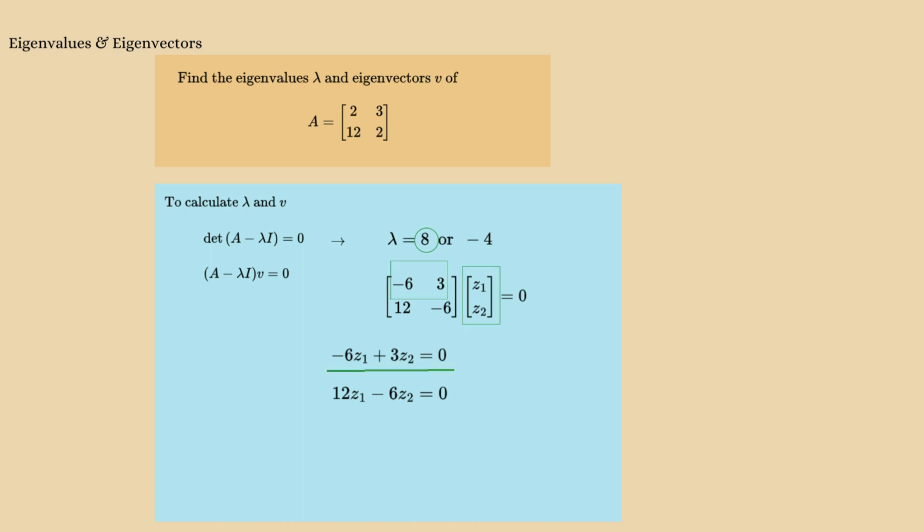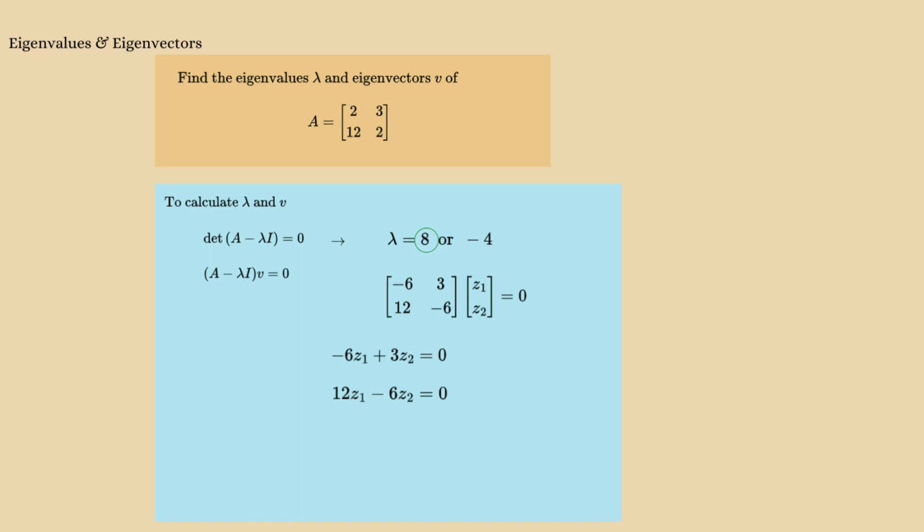So if we look at the first row, [negative 6, 3] multiplied with [z1, z2], we will get negative 6 z1 plus 3 z2 equals 0. Similarly, if we look at the second row, [12, negative 6] multiplied with [z1, z2], we will get 12 z1 minus 6 z2 equals 0.